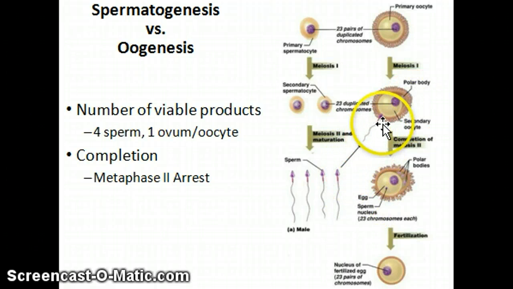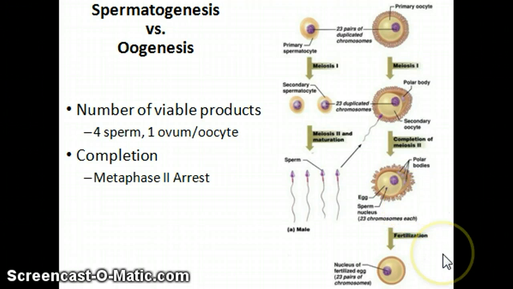Now, if a sperm and an ovum undergo fertilization, then both of these cells, polar body and the oocyte, will divide by meiosis II. In the end, you'll get this small polar body producing 2 little polar bodies, and this oocyte, or ovum, whichever you wish to call it, will divide unequally to produce a small polar body and the final oocyte.